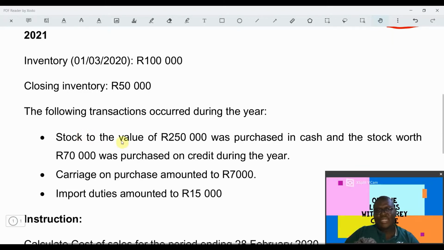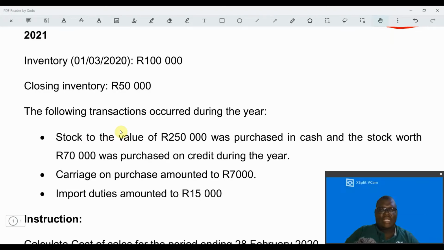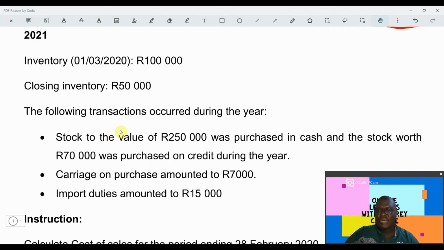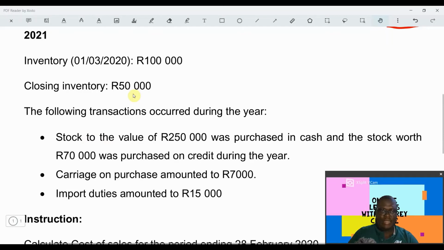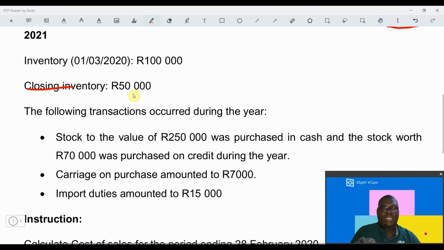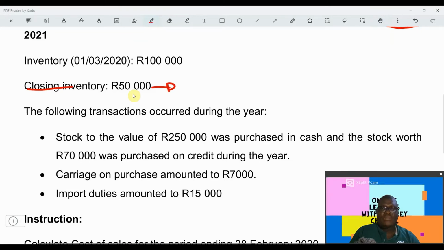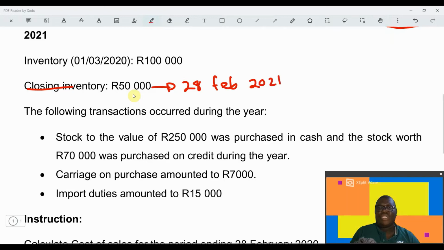You can already see that based on the information we're given, there is nothing said about us returning the products back to the supplier. So we might as well plug in this closing inventory. Remember, if it's closing inventory, this means that this is the stock that is remaining on 28 February 2021.